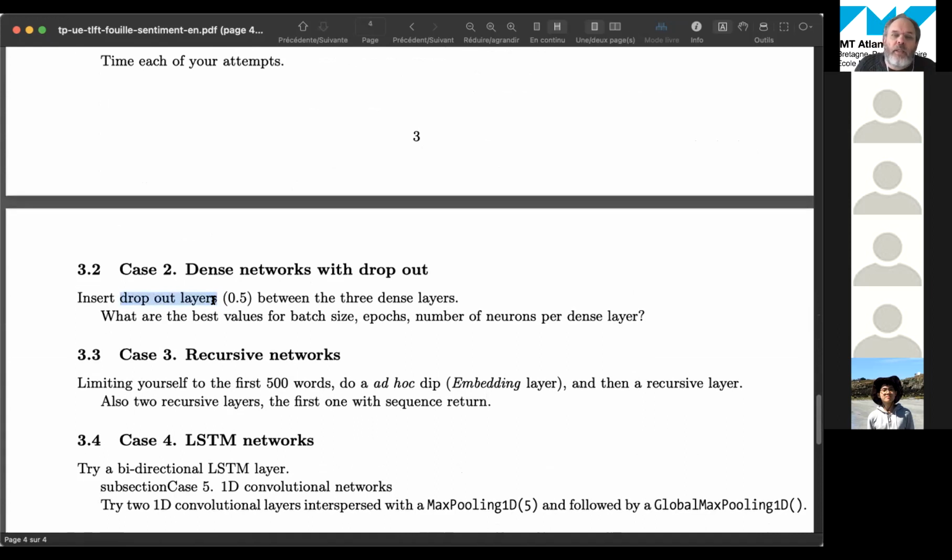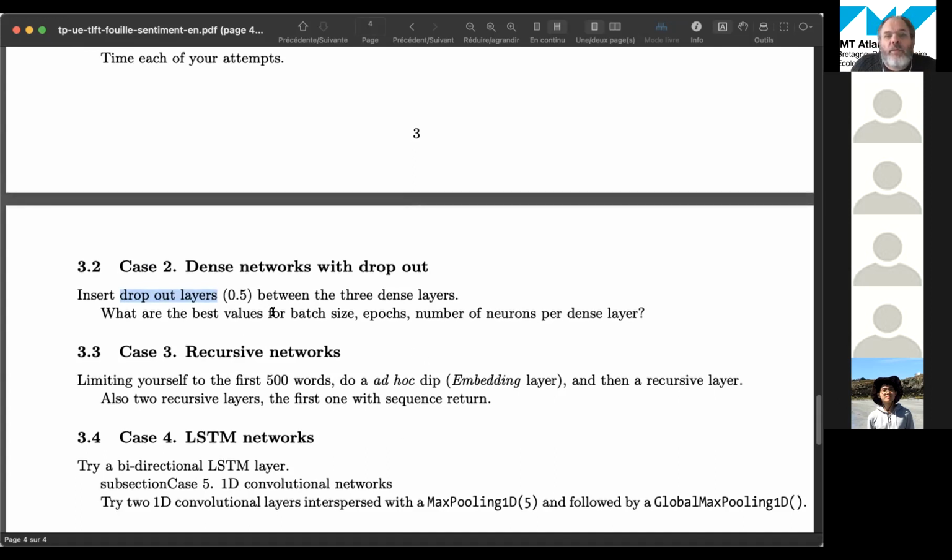So dropout layers will remove half of the nodes on each, will set half of the coefficients to 0 on each epoch. And you can experiment with batch size. So batch size is how many individuals I take together. Epochs is how many times I go back and forth. And this is the size of each layer, the number of neurons.